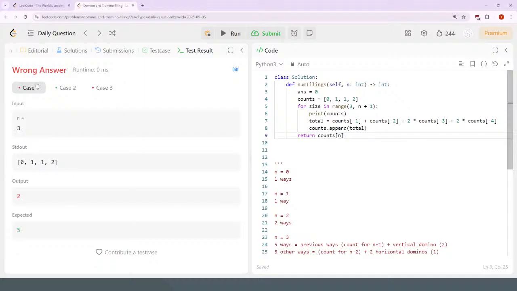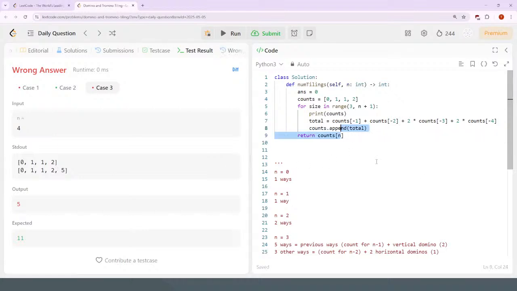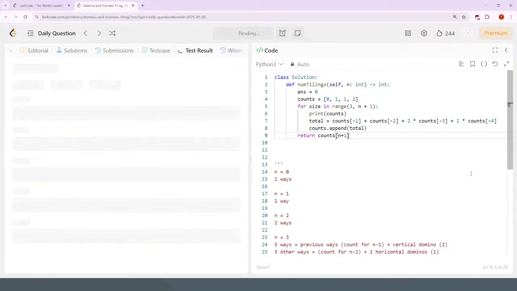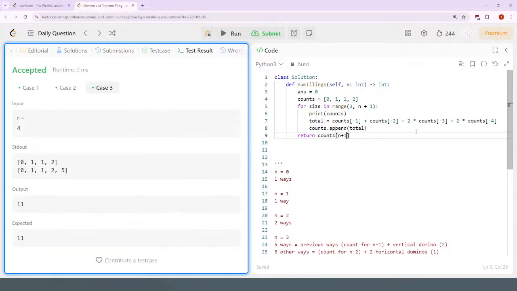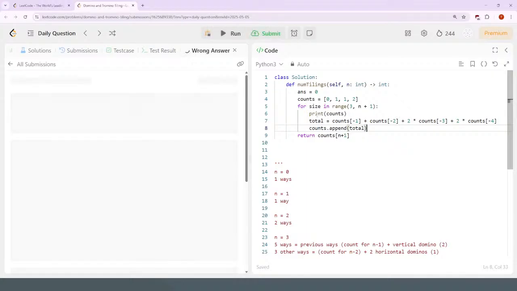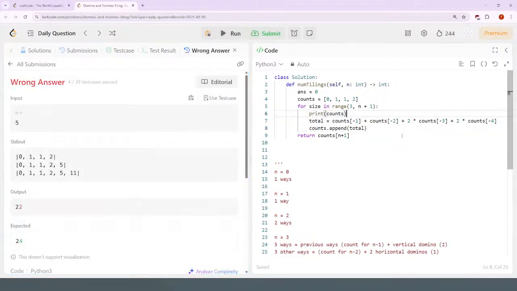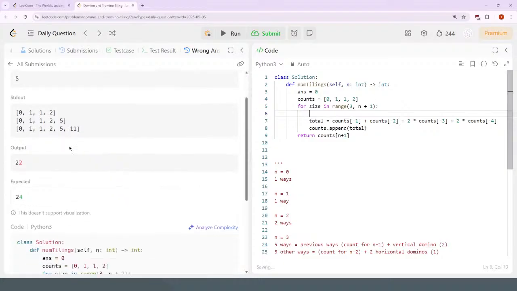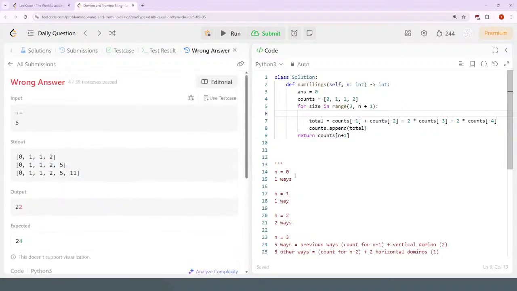No, that doesn't work. Actually, it went down. Oh, yeah, it should be counts at n plus 1 now. Less confident every time. Yep. Now it's wrong on the next count. Okay, okay. What is going on?